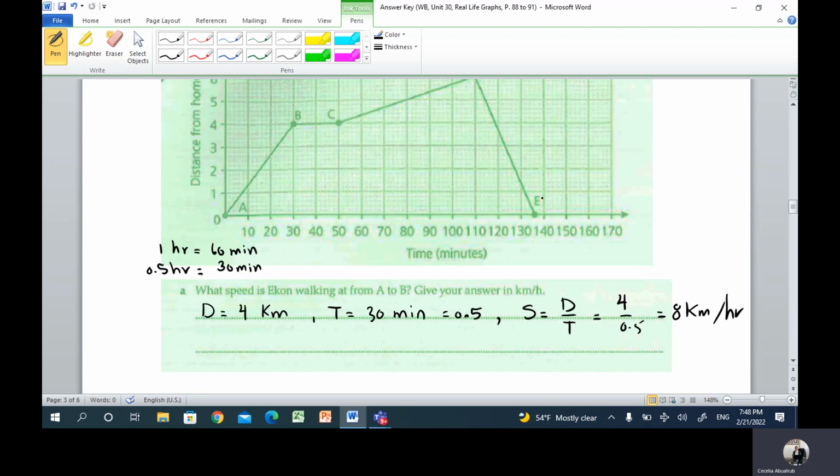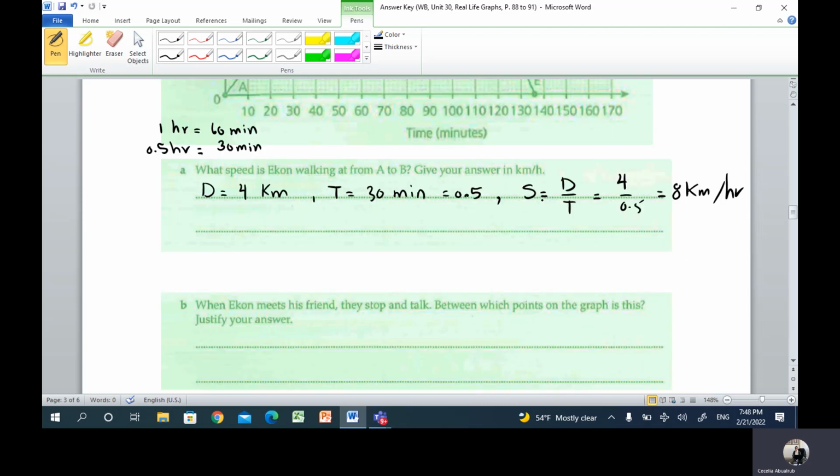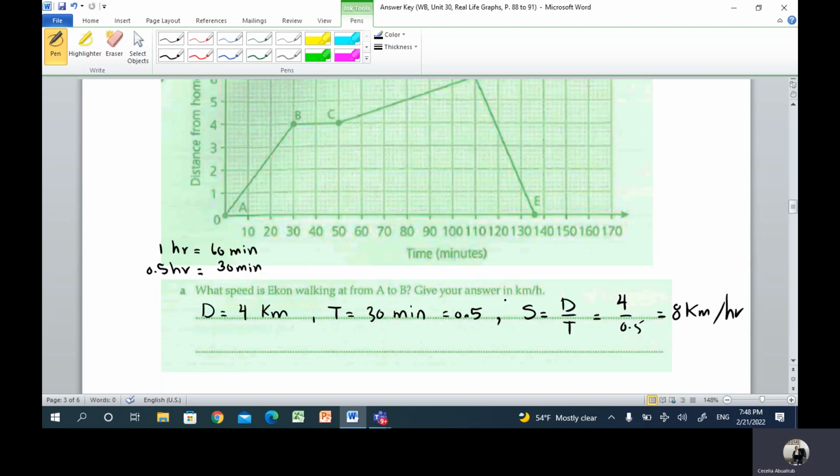As you can see here, it's between B and C. Between point B and C. Because Econ does not get any further from or closer to home, so he must be standing still.